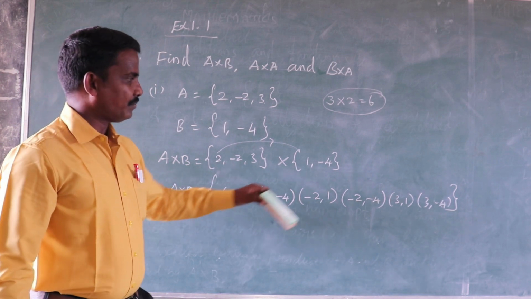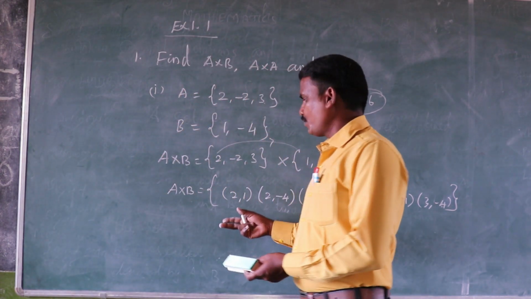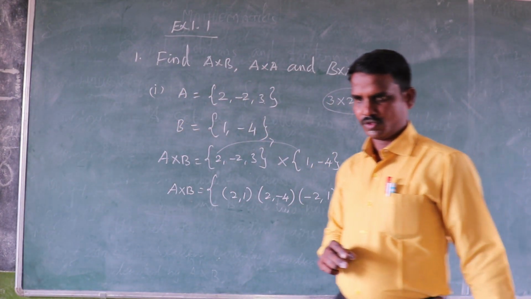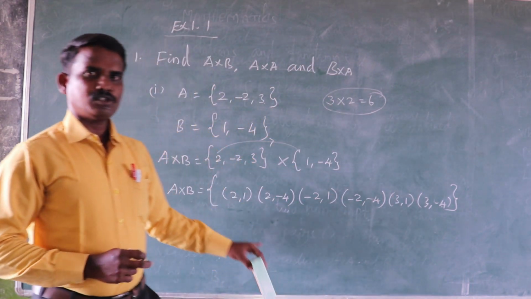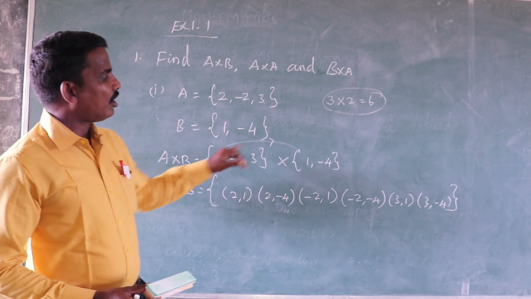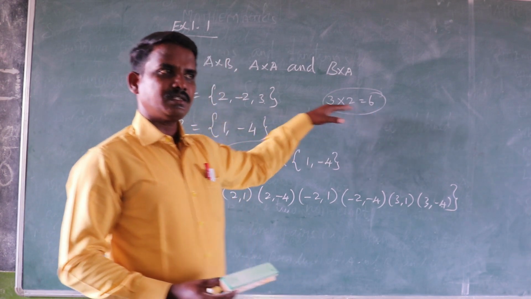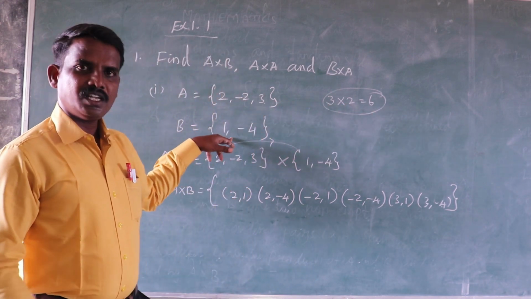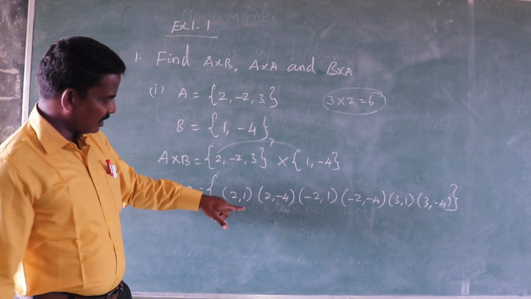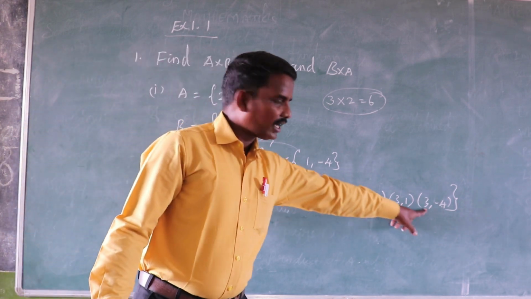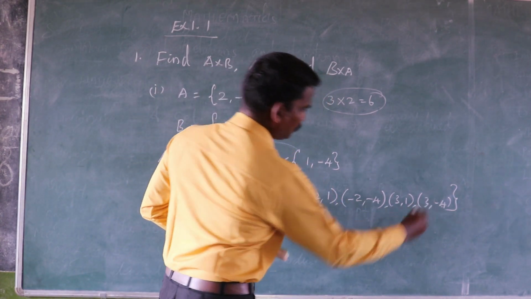Otherwise we can miss some ordered pairs, or write the same one again and again. No elements are repeated. So the number of elements in the first set times the number in the second set, 3 into 2, gives 6. Here we can write 1, 2, 3, 4, 5 and 6 ordered pairs. This is called A cross B.